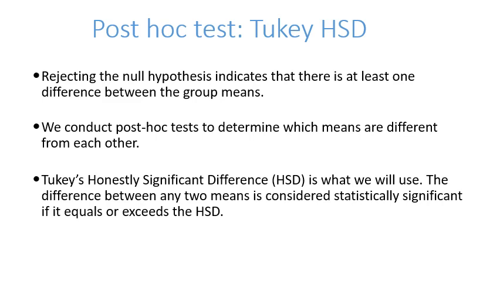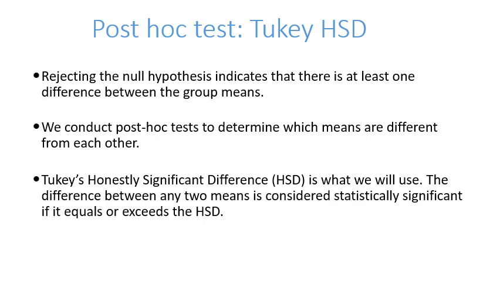Anytime you've got a difference between two means that's greater than our HSD, that's considered statistically significant. So our HSD is, in a sense, a cutoff level of difference between two means.